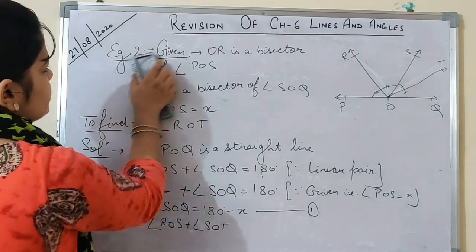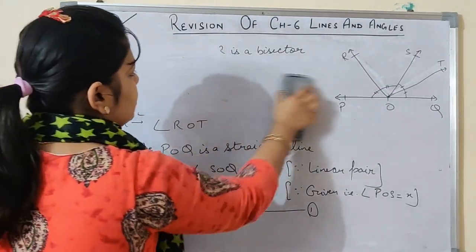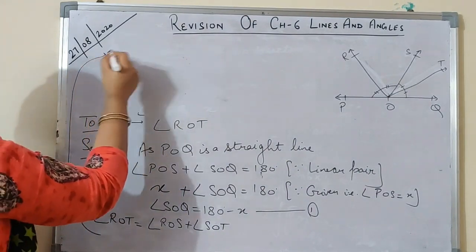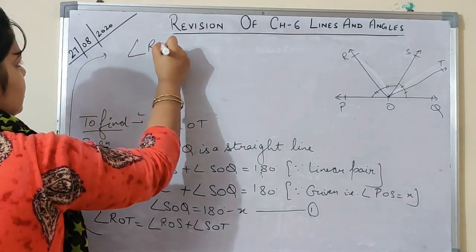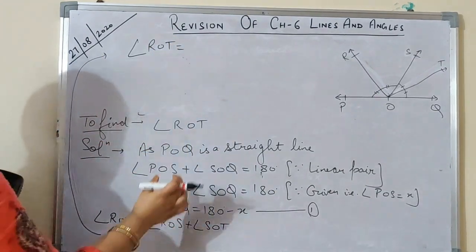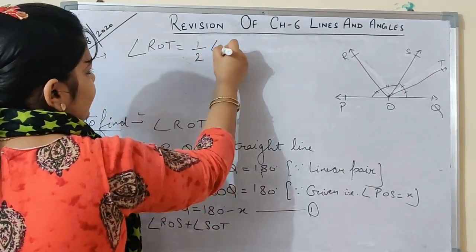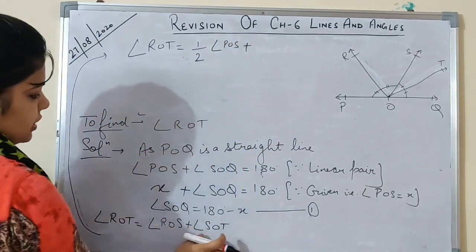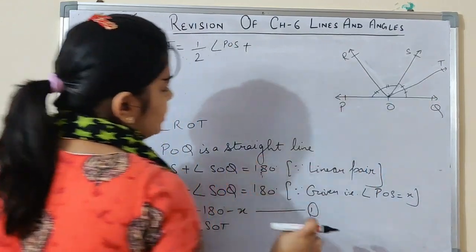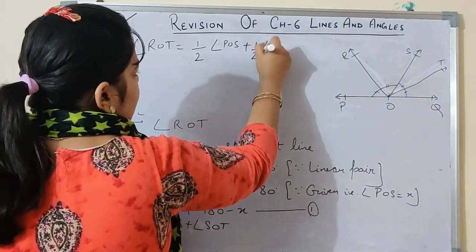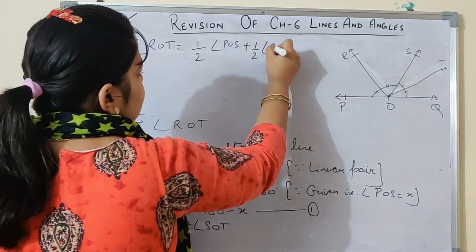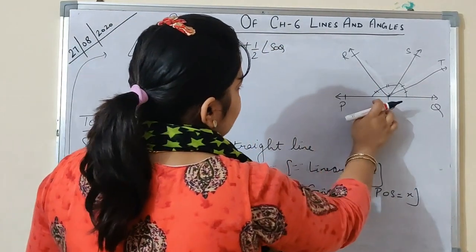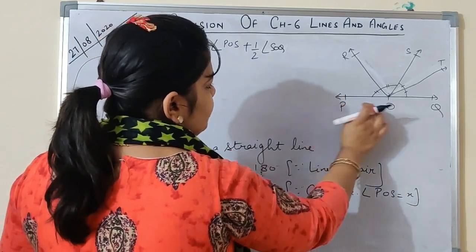After this, I'm writing over here that angle ROT is equal to, in place of angle ROS, half of angle POS plus, and in place of SOT, I can write half of angle SOQ. Is this clear?